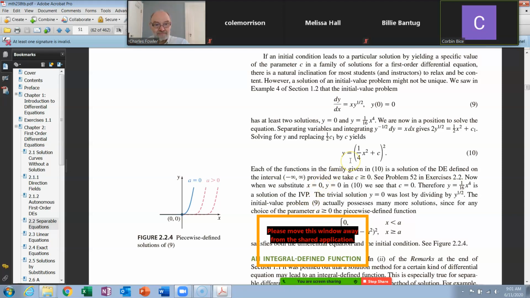Now, if you recall, there was a condition that we looked at to see if we can predict whether there's going to be more than one solution. And I believe it was that the function and its first derivative must be continuous over the interval that you're talking about.